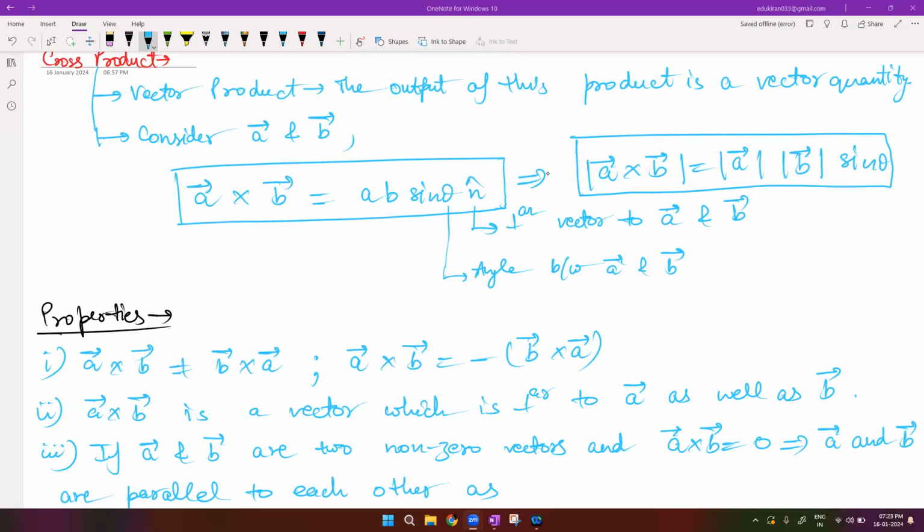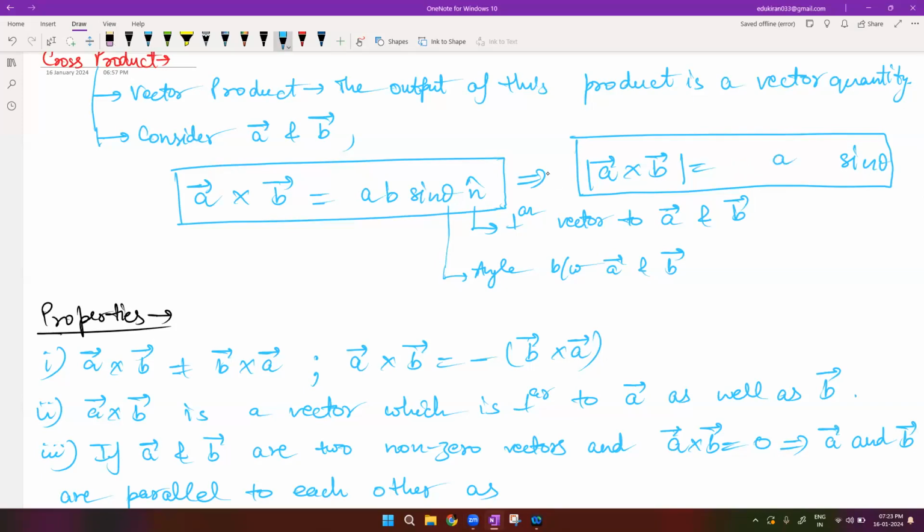So I was explaining one more thing that let's say A cross B was AB sine theta n cap, right? But if I write what is the magnitude of A cross B, then magnitude of n cap is simple one, right? So magnitude of A cross B can be written as magnitude of A, magnitude of B sine theta.